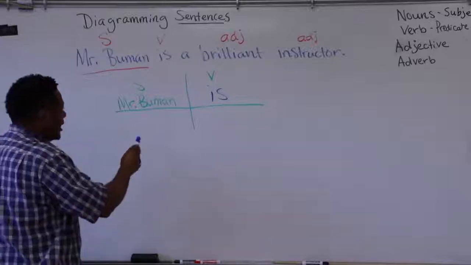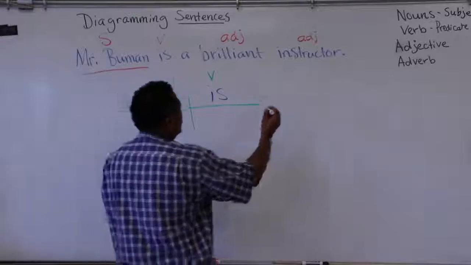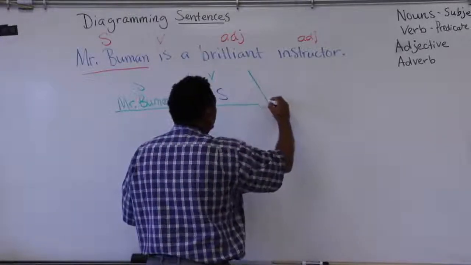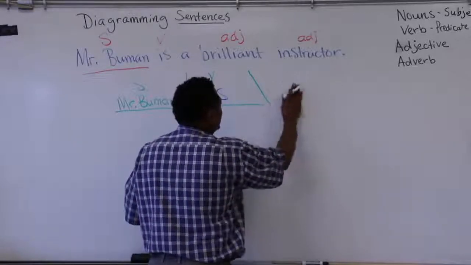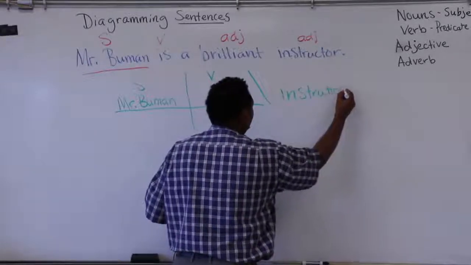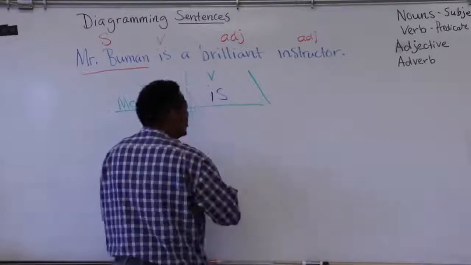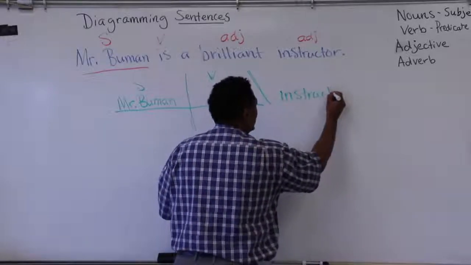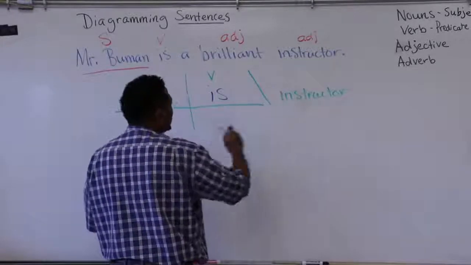Brilliant is on a slant, instructor. My spelling is off. But instructor, that is the predicate adjective.